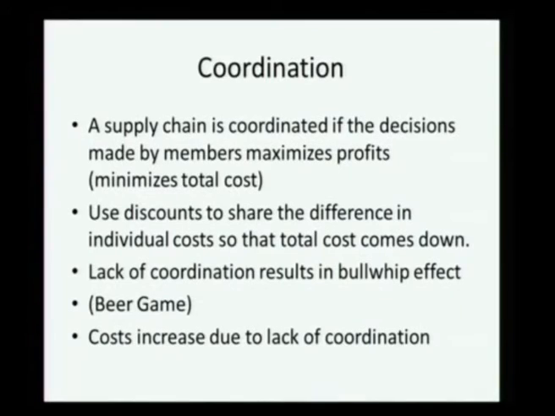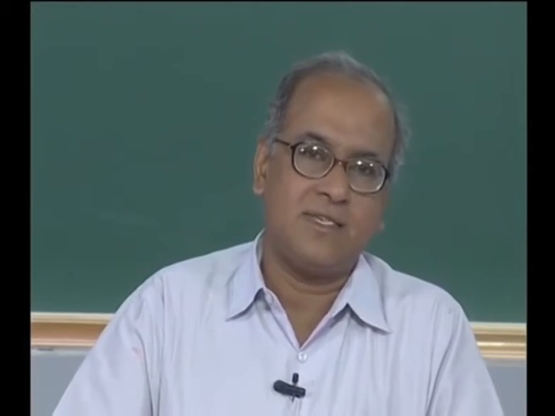Such a thing can be done through discounts to share the difference in individual costs so that the total cost comes down. Lack of coordination results in what is called the bullwhip effect. We have already seen very briefly what the bullwhip effect is. The bullwhip effect is the result of increased inventory in the supply chain as we move from right to left, which means as we move from customer to supplier, the average inventory in the system would increase if there is no coordination.